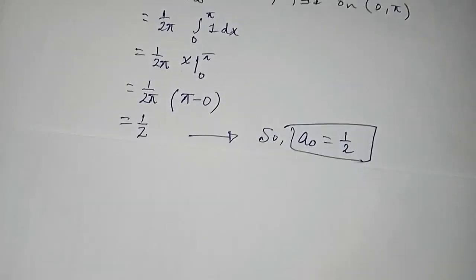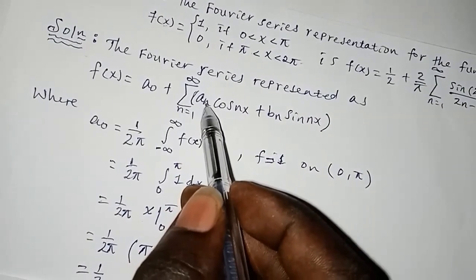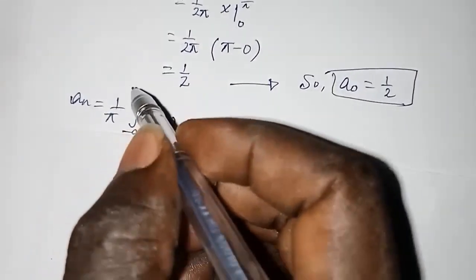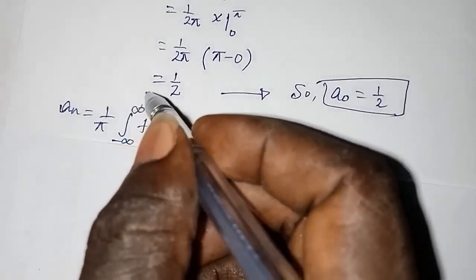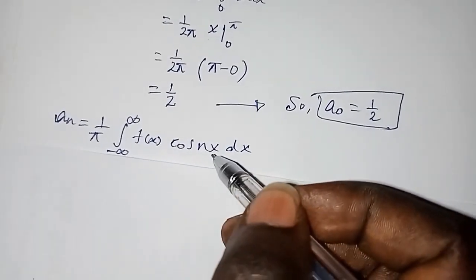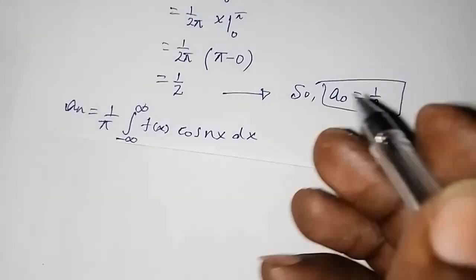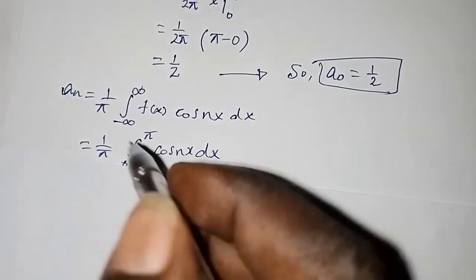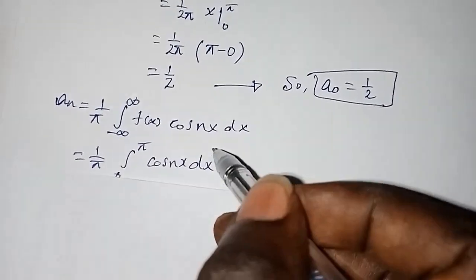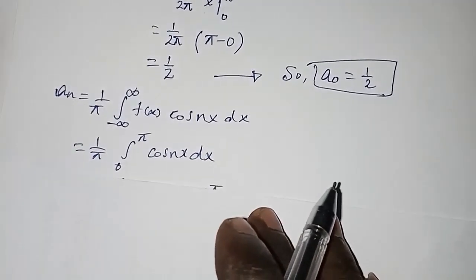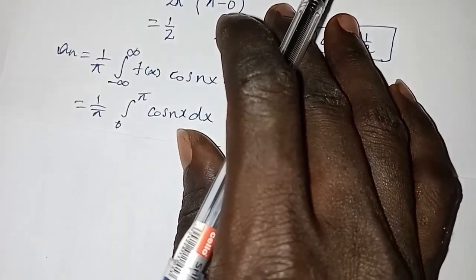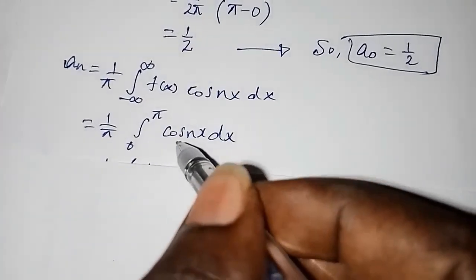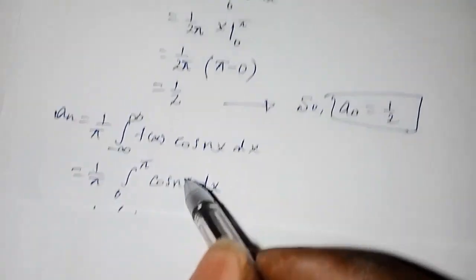Again, to find a n we can use the equation 1 over pi, the integration from negative infinity to infinity of f of x cos nx dx. You can substitute f of x is 1 from 0 to pi, times cos nx.